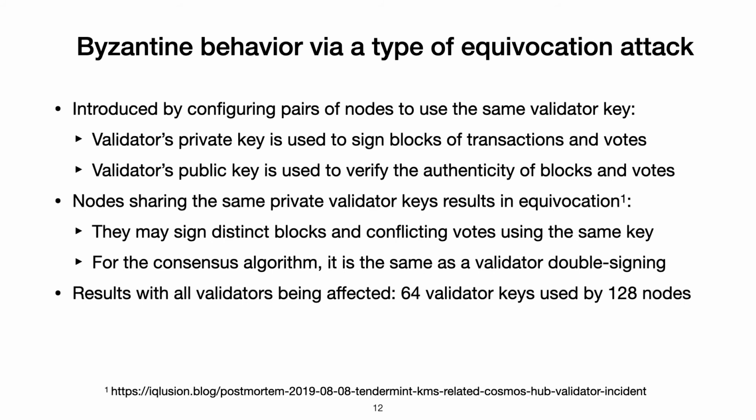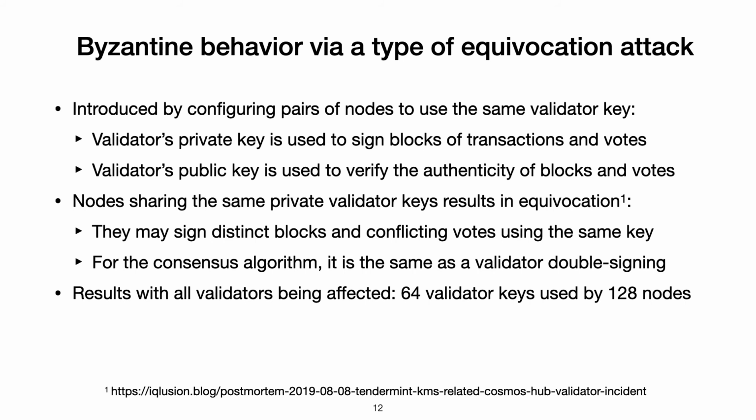For the consensus algorithm, this is the same as a single validator double signing, a behavior that is punished in Tendermint.